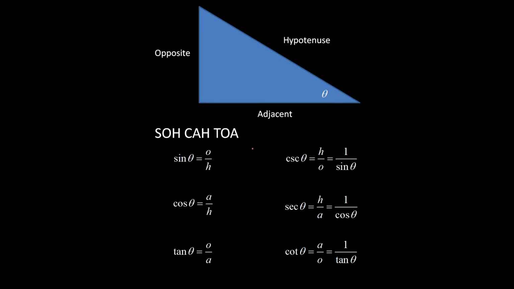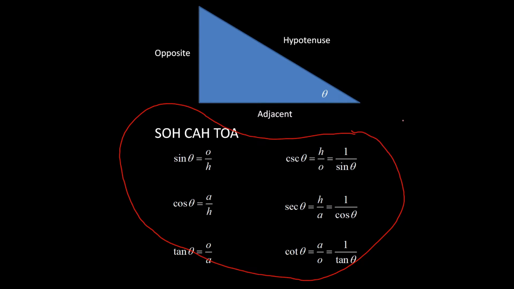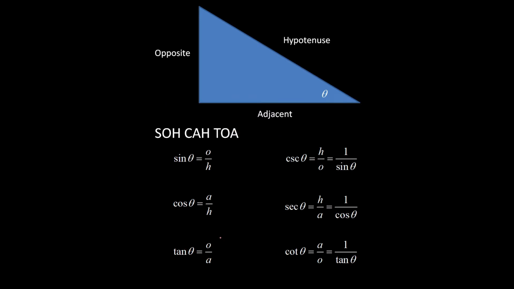These are all things you absolutely 100% should burn into your brain. Everything right here. And there's actually one more thing I have to add. If you look at the tangent function, notice it's opposite over adjacent.